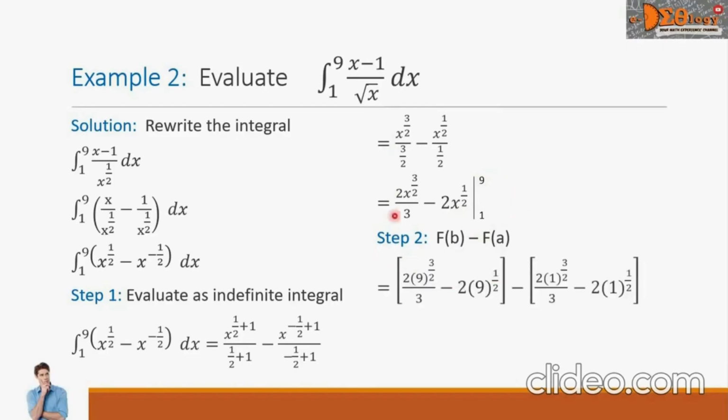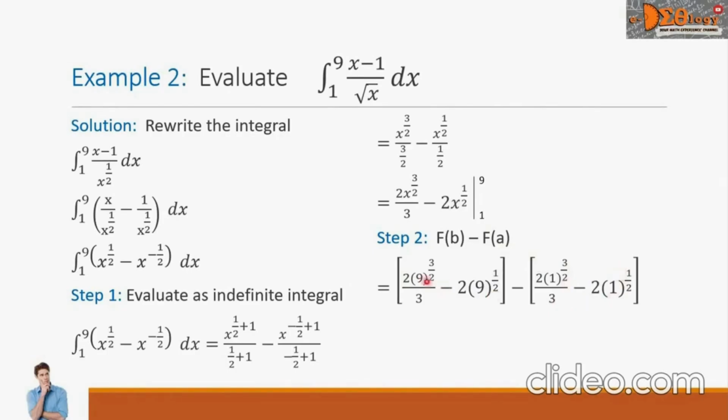So we have now 2 times 9 raised to 3 over 2 all over 3 minus 2 times 9 raised to 1/2. Then minus the f of a. We have 2 times 1 raised to 3 over 2 all over 3 minus 2 times 1 raised to 1/2.